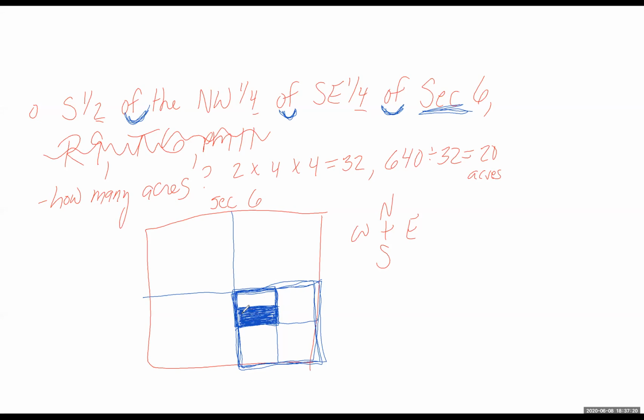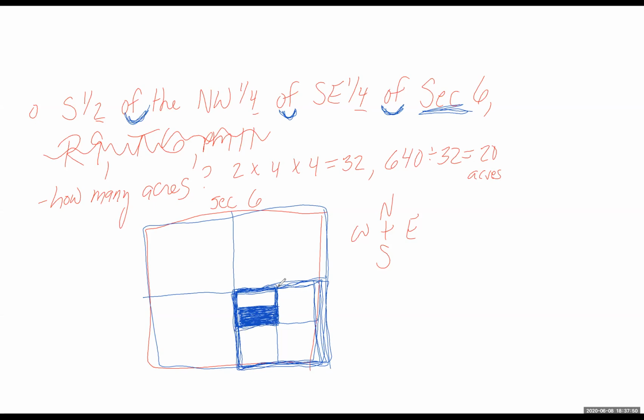But that right there is the southern half of the northwest 1/4 of the southeast 1/4 of section 6. And so if this whole thing here is 640 acres, and you divide it into quarters, this right here is how many acres? 160. And then you divide it into quarters, and that's 40 acres.